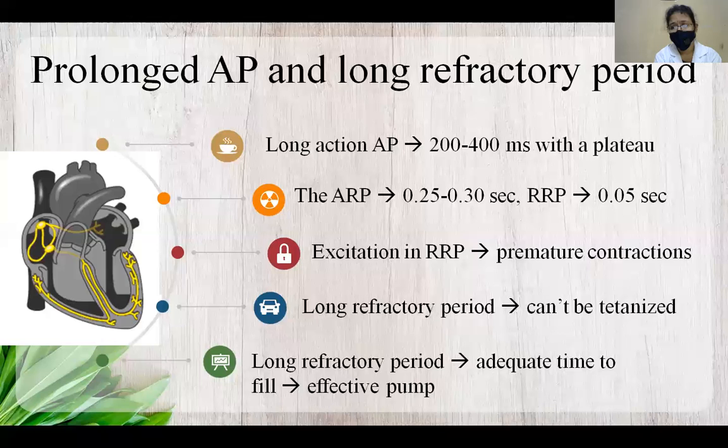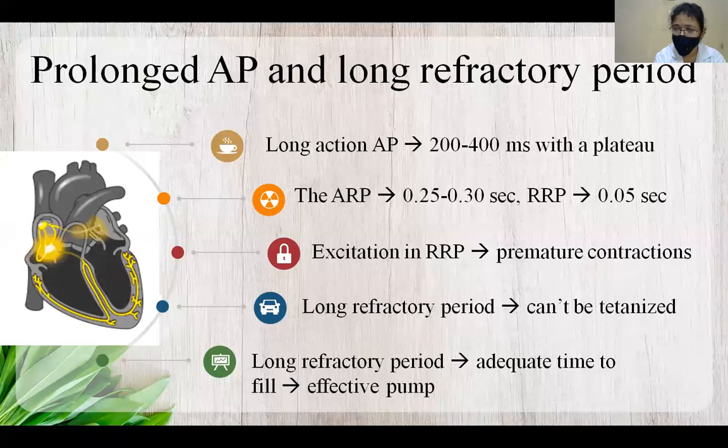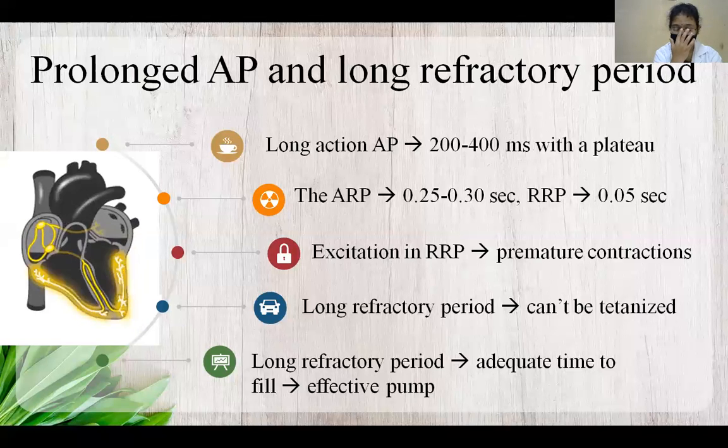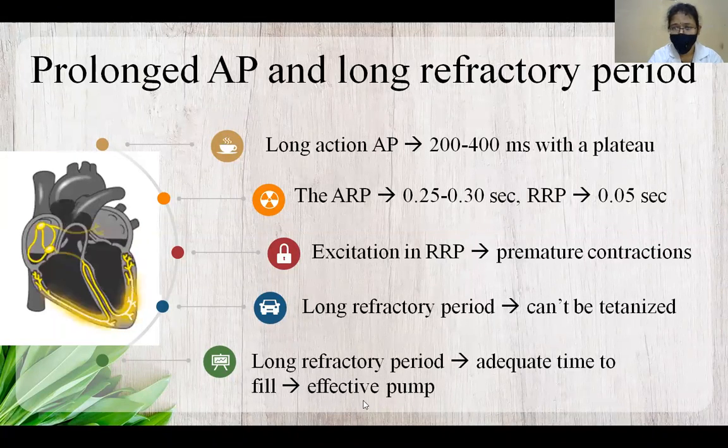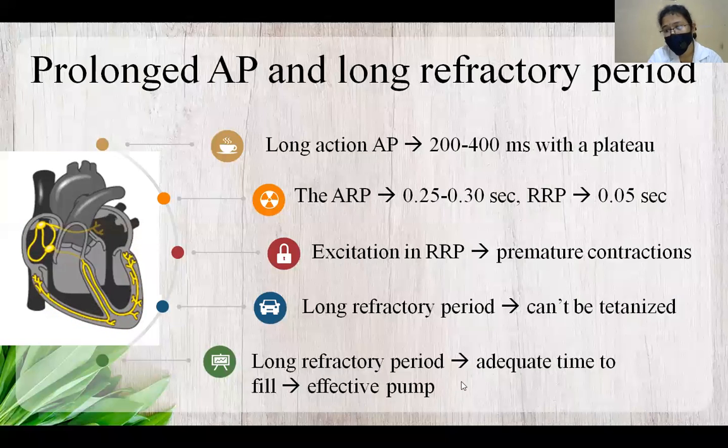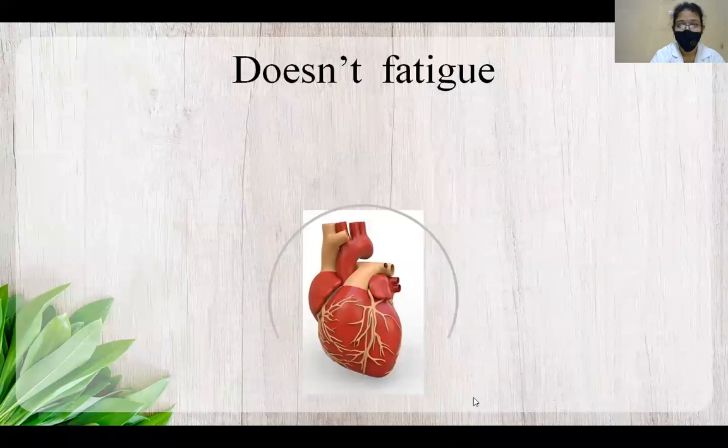The more the filling, the better stroke volume we get. So this long refractory period helps the ventricles to be filled enough to give adequate stroke volume. This is how the heart acts as an effective pump.